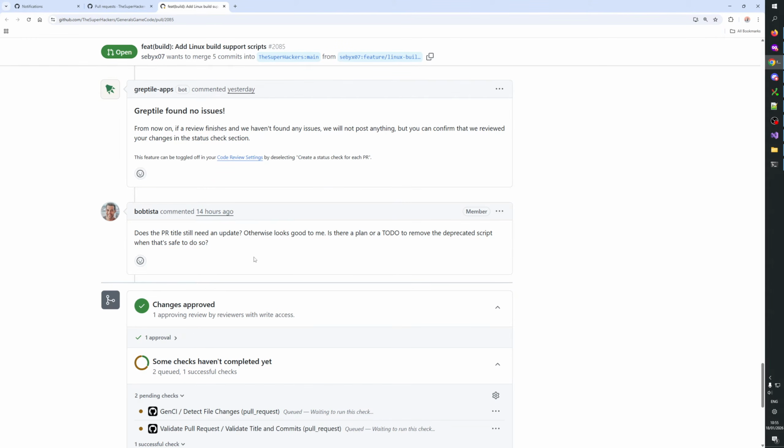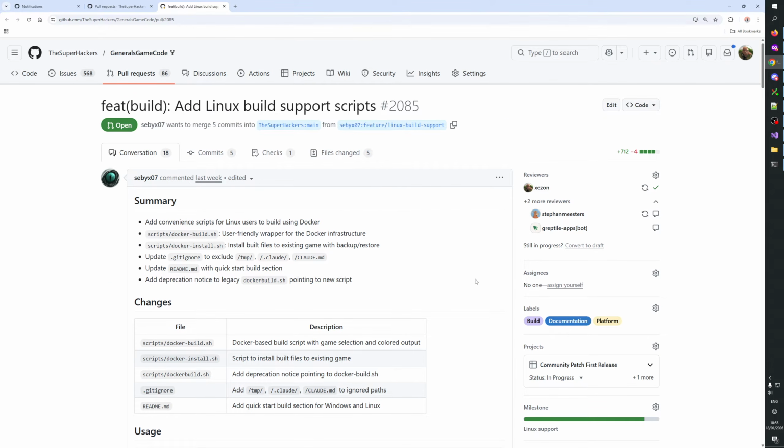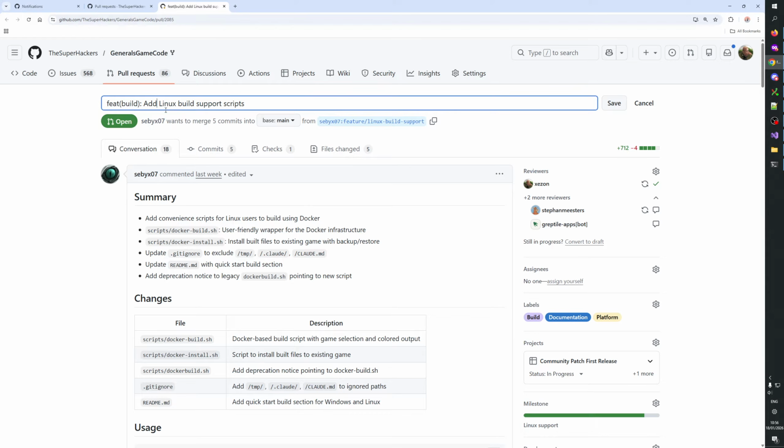What about the title? Add Linux build support scripts. Linux build support script. Docker. Add new Docker build scripts for Linux. New Docker build scripts.